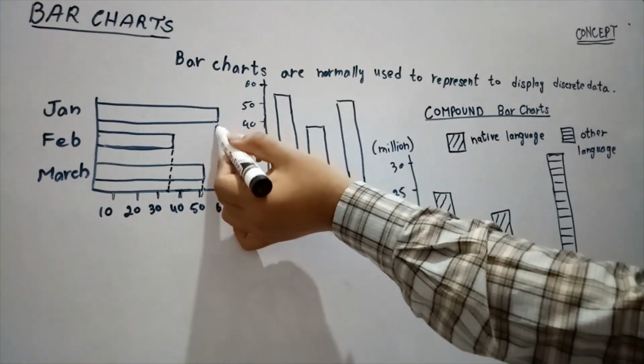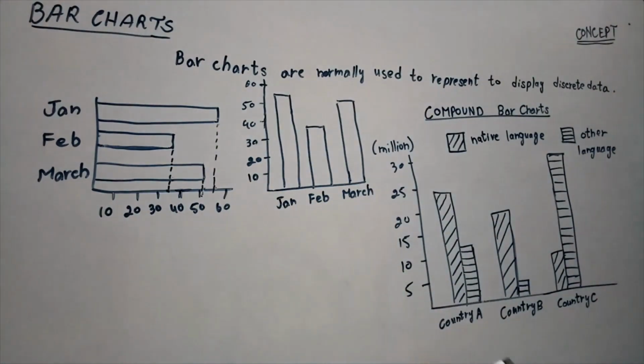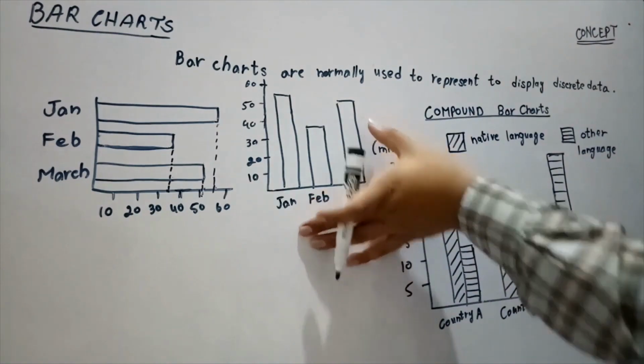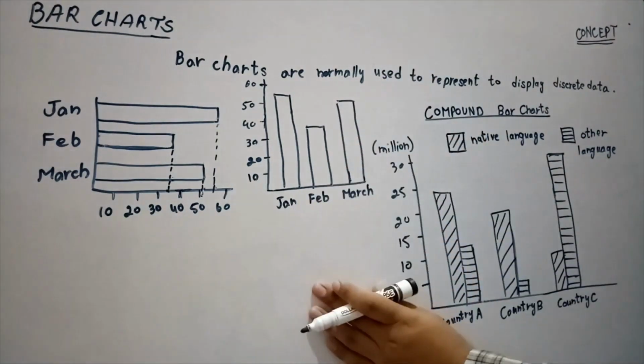And on January, this point is between 50 and 60, so we can say in January 55 eggs were sold. Clear?